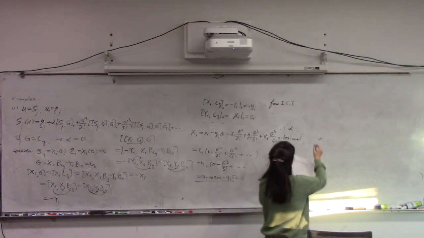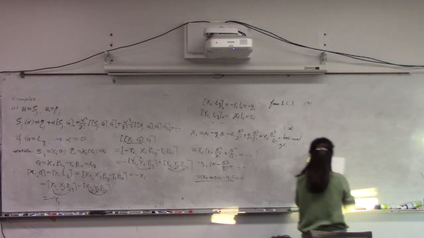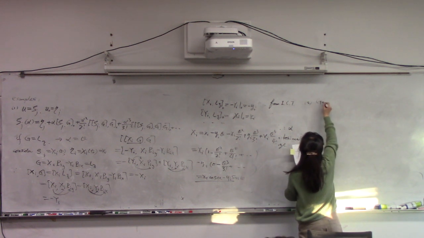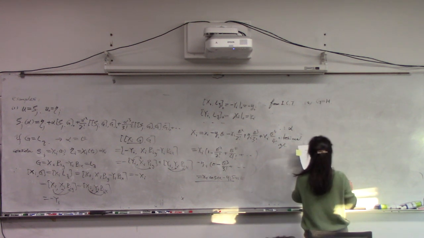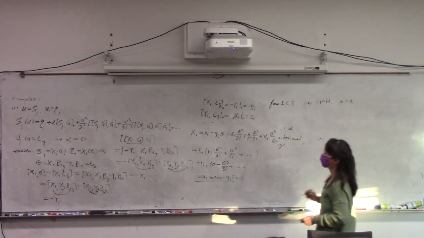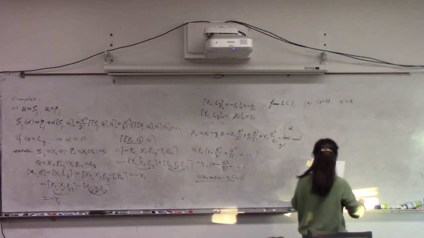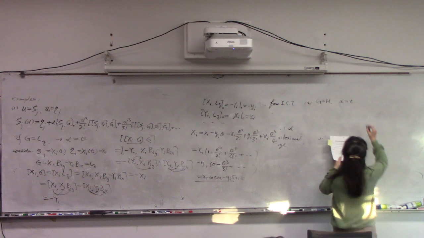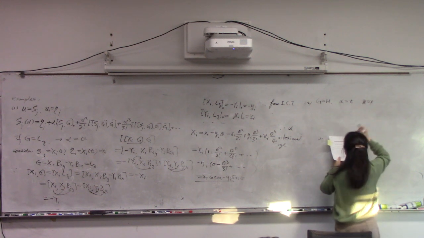Okay, example 2. Example 2, now we consider G is H, the Hamiltonian. And so we know alpha equals T, right? That is for sure. And again, we still select U to be X.